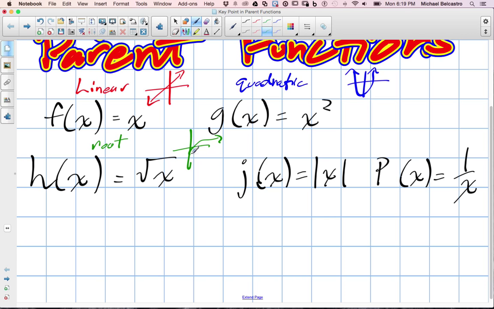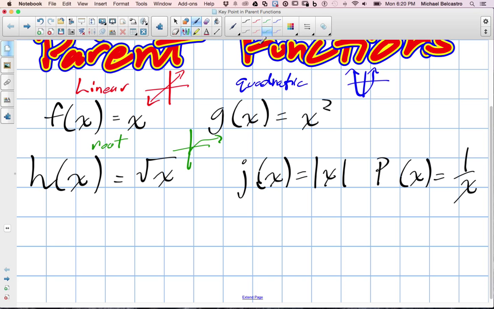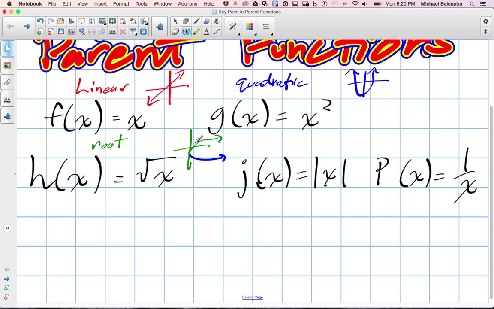In order for it to be a function, and normally a sideways parabola would look like this, right? We have the U. But in order for it to be a function, it has to pass something called a vertical line test, and it wouldn't pass the vertical line test if it was drawn with the entire sideways U. So we don't draw the other half of the U, we just draw the top half for now, okay?